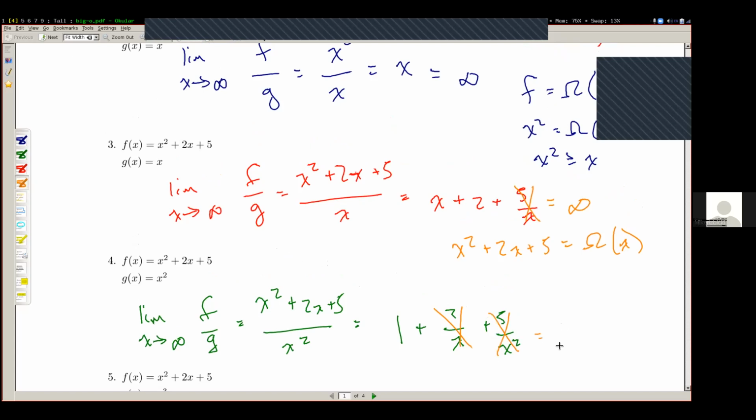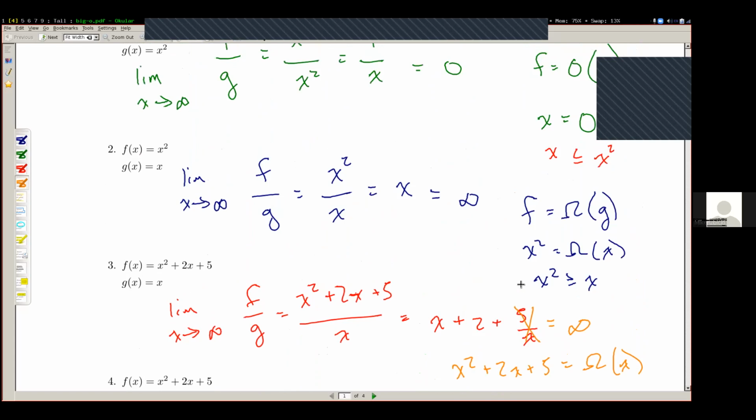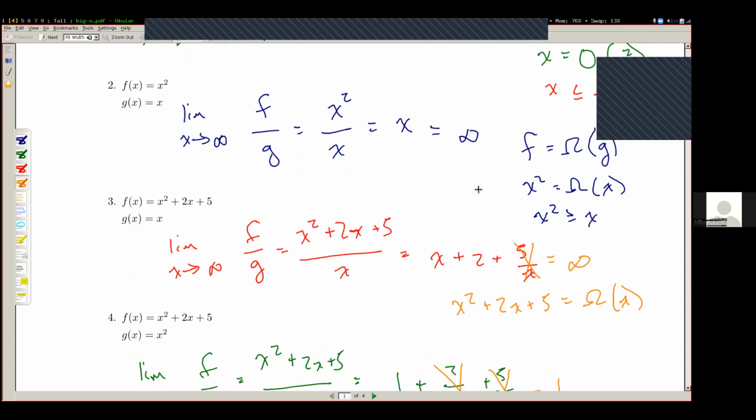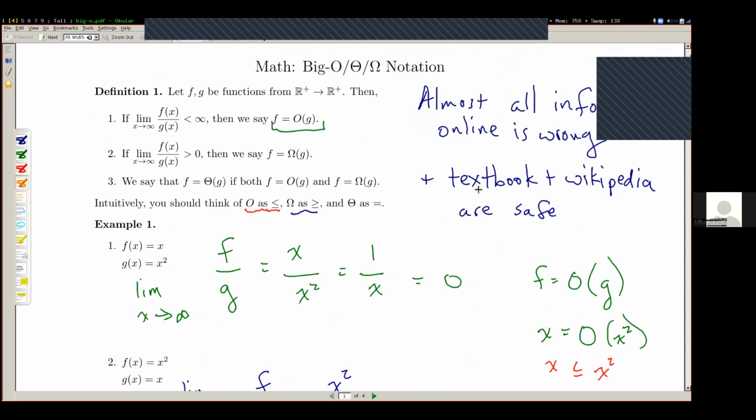And then this whole expression is equal to 1. All of our previous expressions either evaluated to 0 or to infinity, but now we have something different. We have 1.